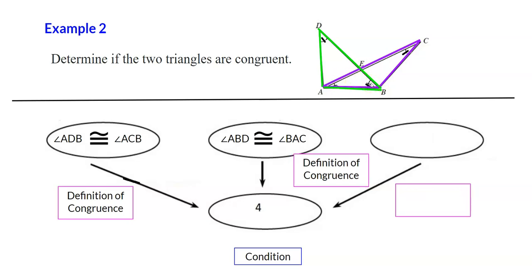Our last statement is that AB is congruent to AB because both of these lines are shared, and the justification is the reflexive property. So we can say that triangle ADB is congruent to triangle ACB, and the condition that satisfies this is angle, angle, side.